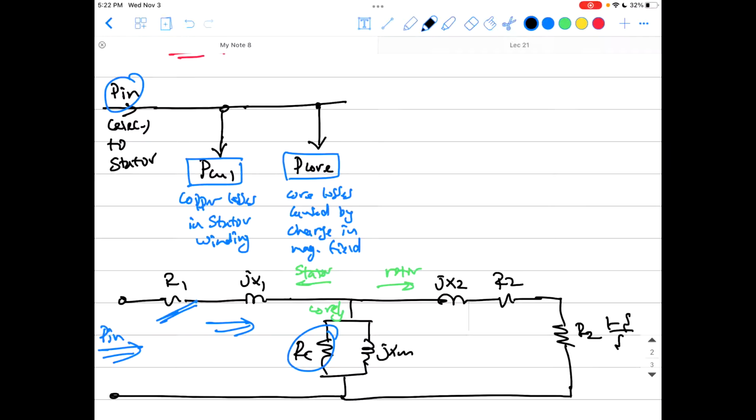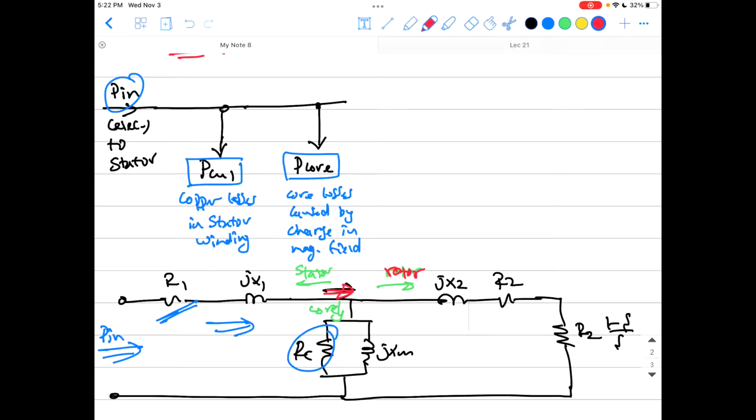Okay, and actually we can calculate it here, and we know how to calculate it a little bit. So this is the core losses here. So yeah, and after this we just go here to the rotor side. Okay, now we're accessing the rotor side.